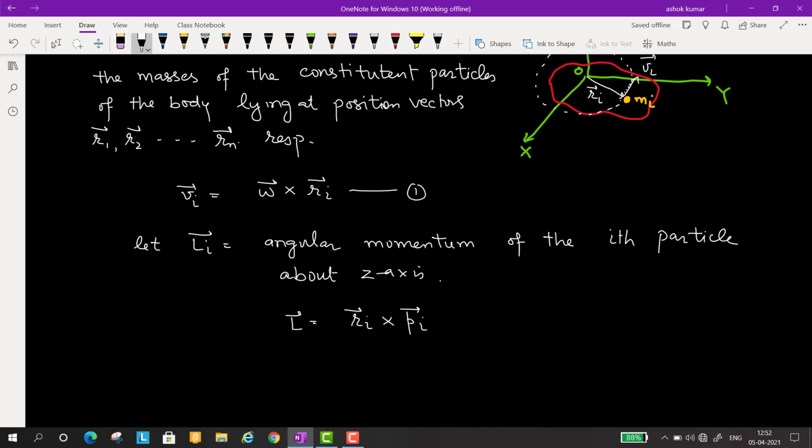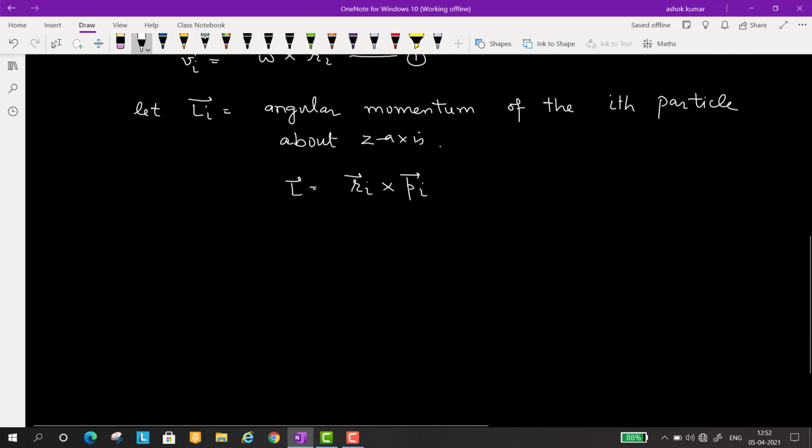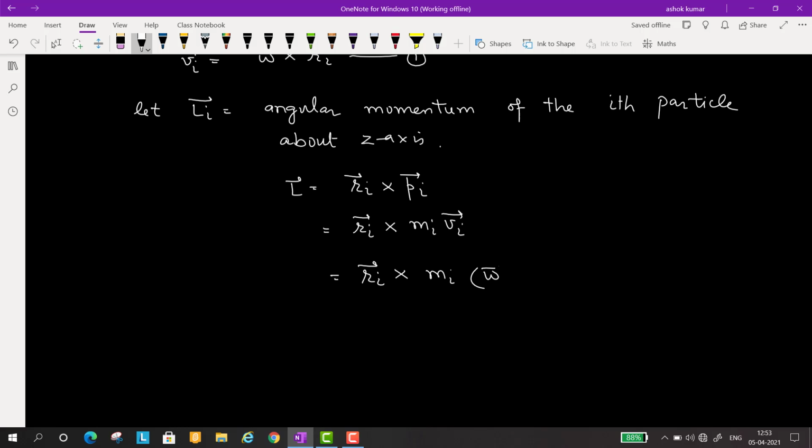Ri is the position vector of the ith particle. Pi is the linear momentum of the ith particle. So it is mivi as p is equal to mv. So if we substitute the value of vi here, it will be mi omega cross ri. So this is the angular momentum of the ith particle. So we mark this as equation number 1.